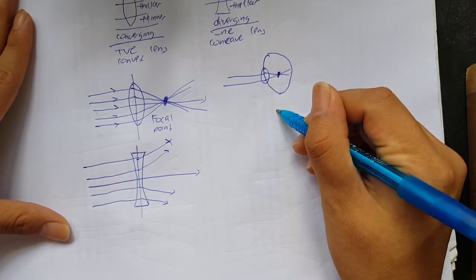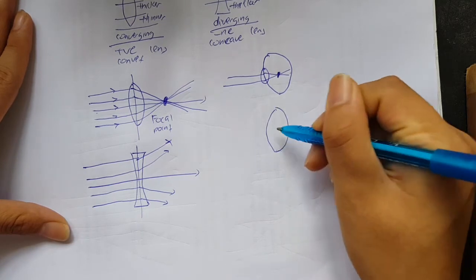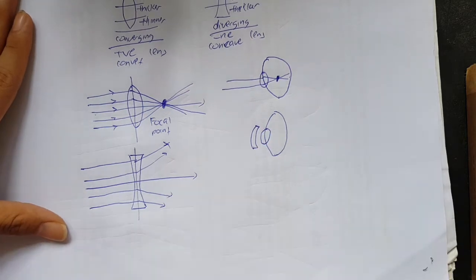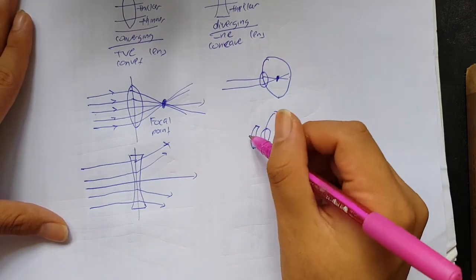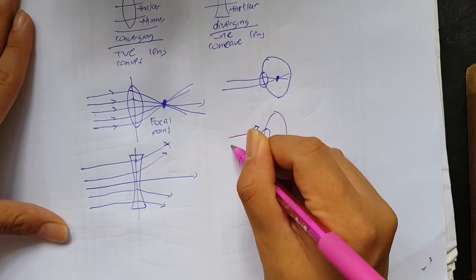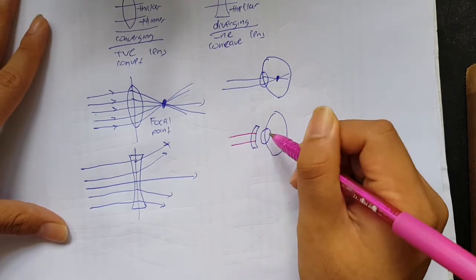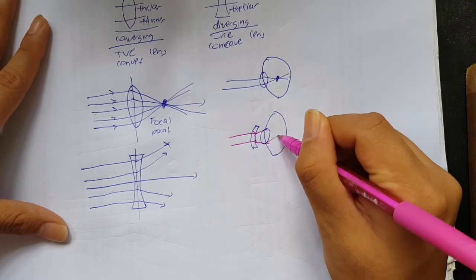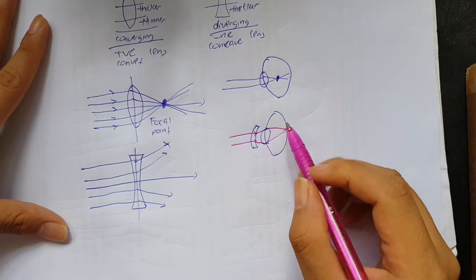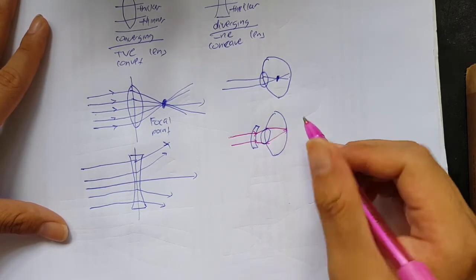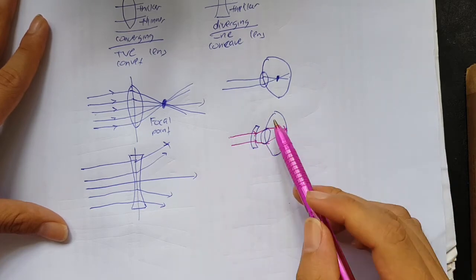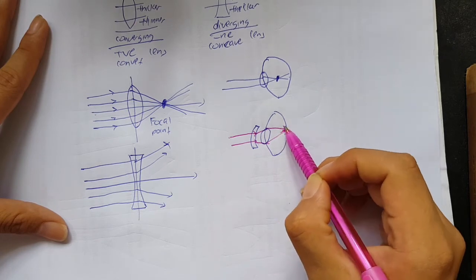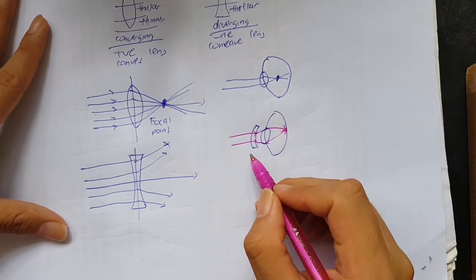This is another eye, and this is a lens. What a lens does is help your pupil or the iris to converge the light rays to a further focal point, to the back of the eye. So this is how lenses work.